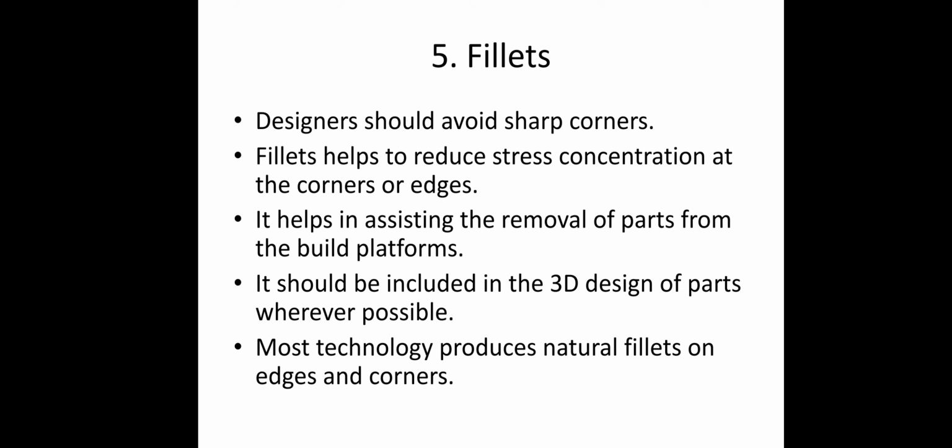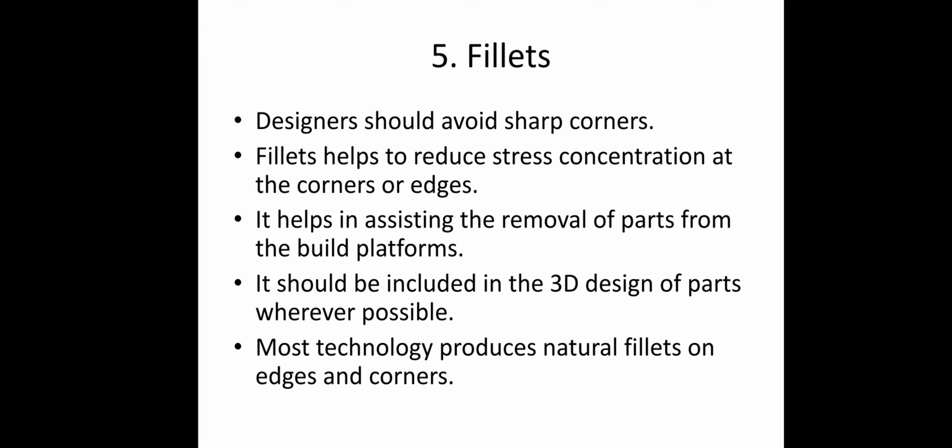Sharp corners have higher stress concentration, but fillets have very little stress concentration at corners or edges. So sharp corners should be avoided. Fillets also assist in removing parts from the build platform very easily. Fillets should be included in the 3D design of parts wherever possible.